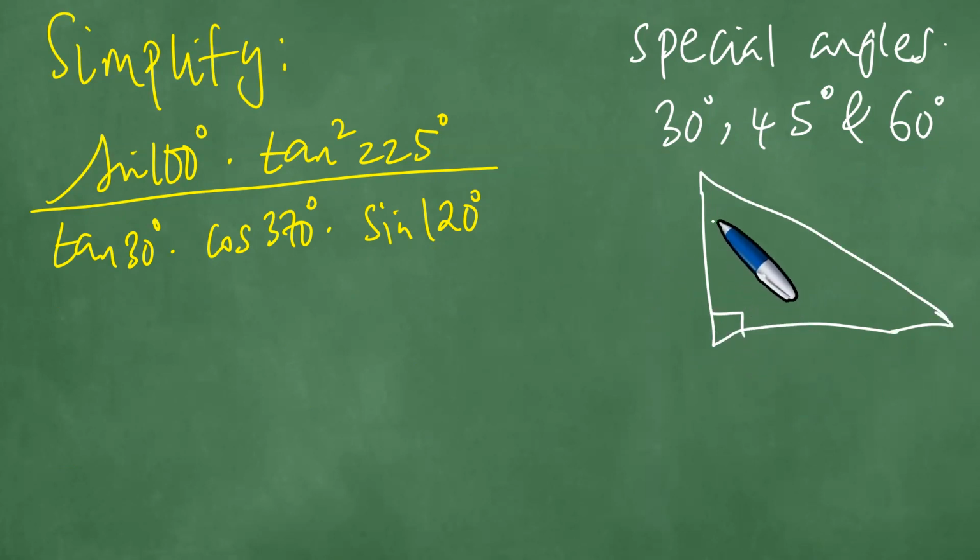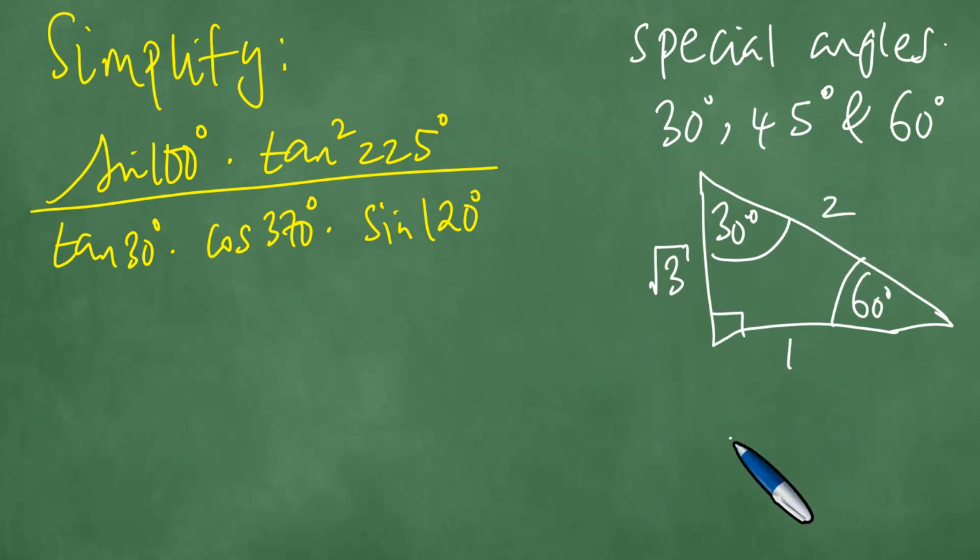So 30 degrees, 60 degrees. Square root of 2, 1.